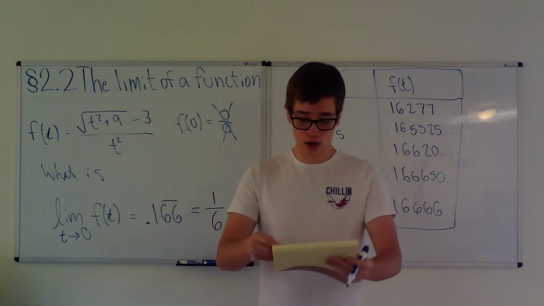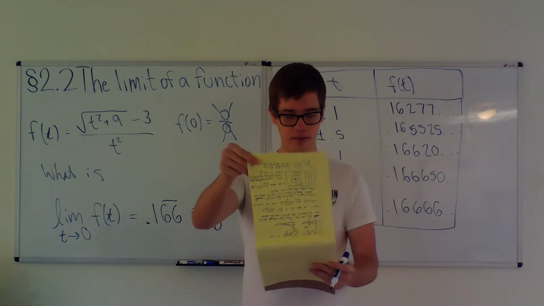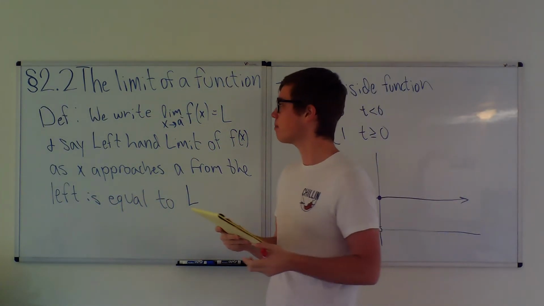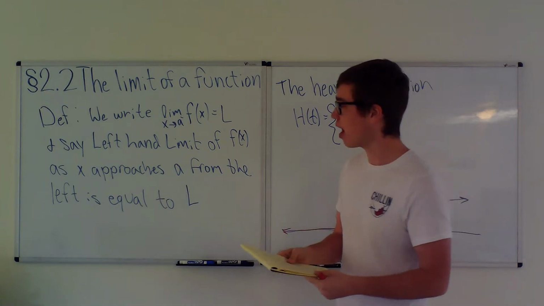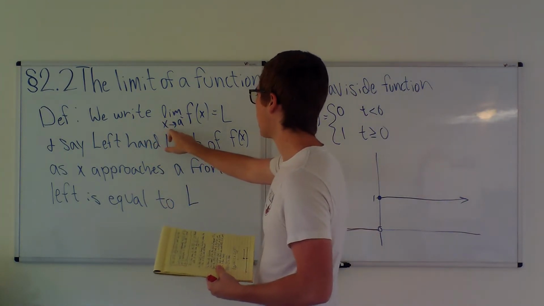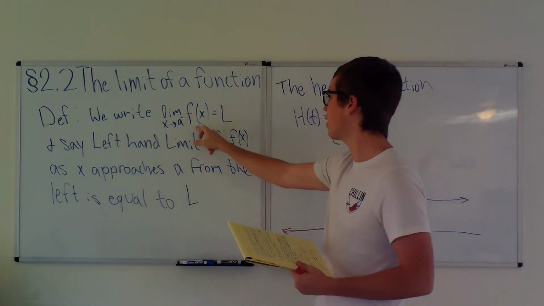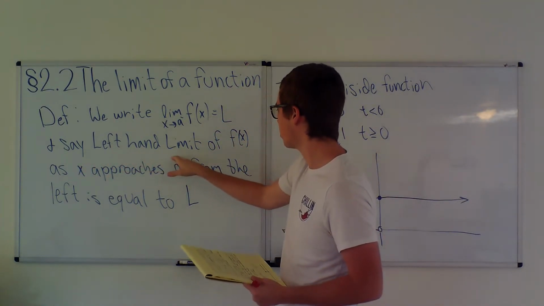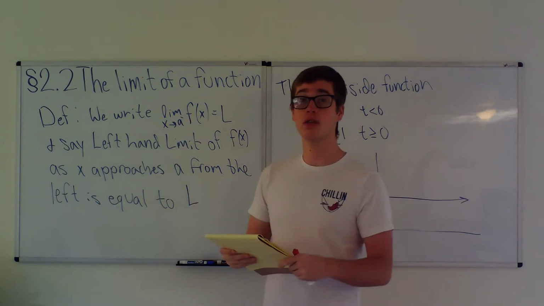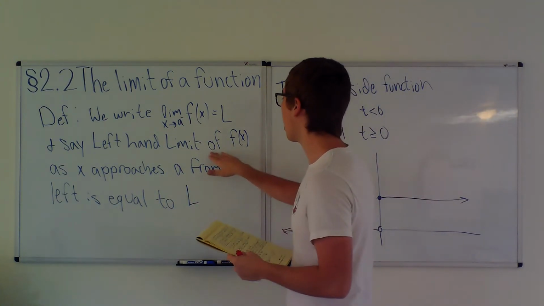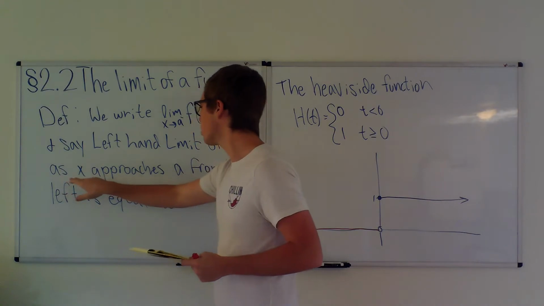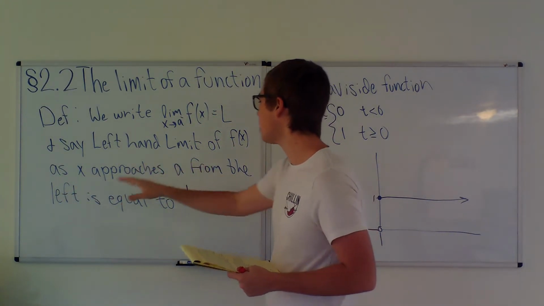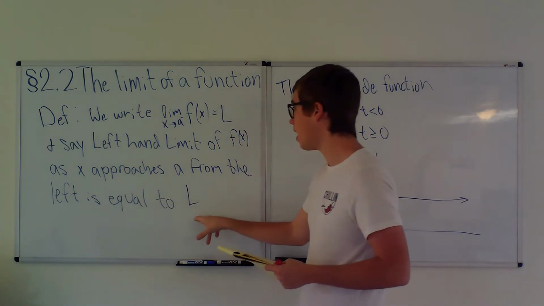We're going to start off with the definition of a one-sided limit. We write the limit as x approaches a minus of f of x equals L, and say the left-hand limit, which I'm going to abbreviate to LHL, of f of x, or as x approaches a from the left, is equal to L, right?